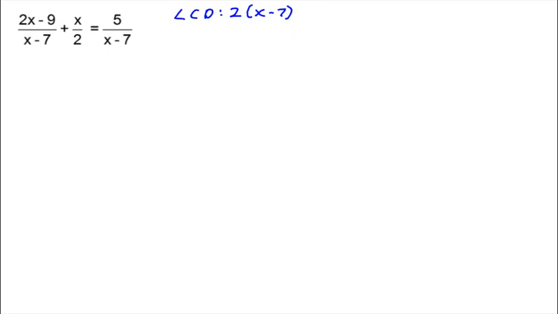And so this brings us to our excluded value. Our excluded value is x cannot equal 7, because x minus 7 cannot equal 0, because we can't divide by 0.